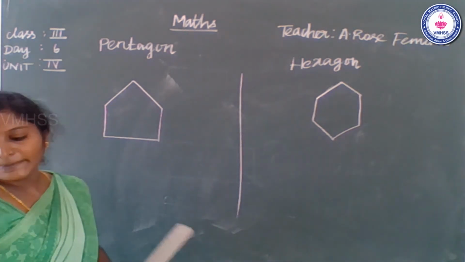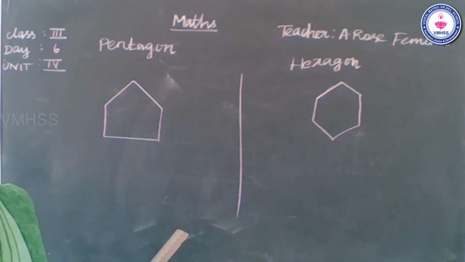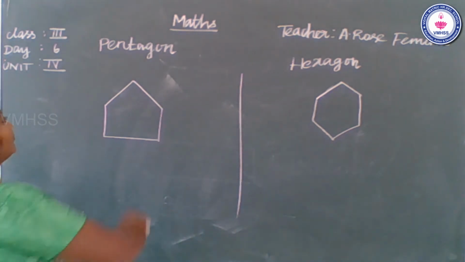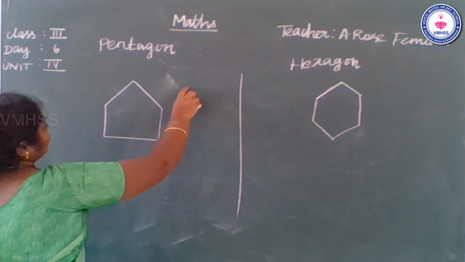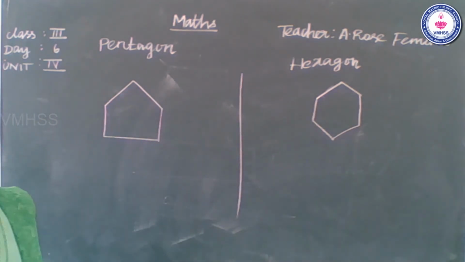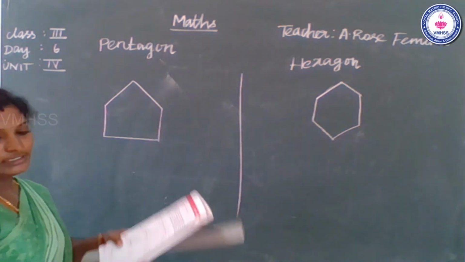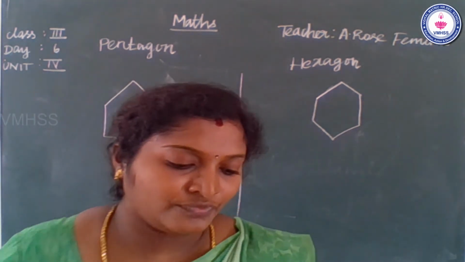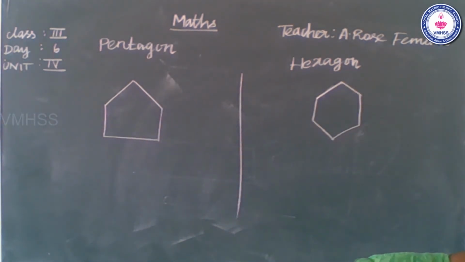How many lines of symmetry does a pentagon have? 5: 1, 2, 3, 4 and 5. See the picture. Once again, we see one example.